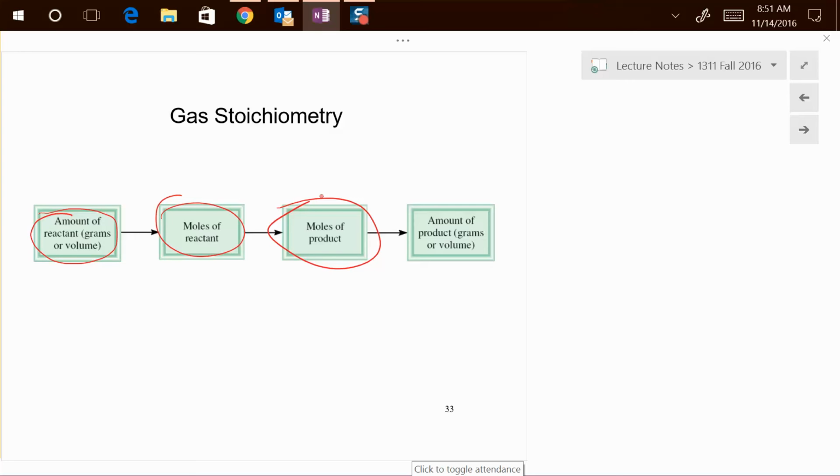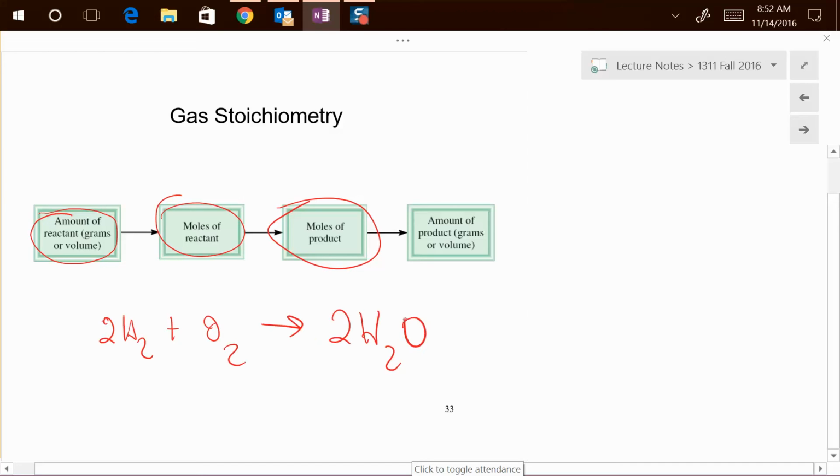The volume and moles are equivalent. So if I had 1 mole of H2, what would be the volume of it?